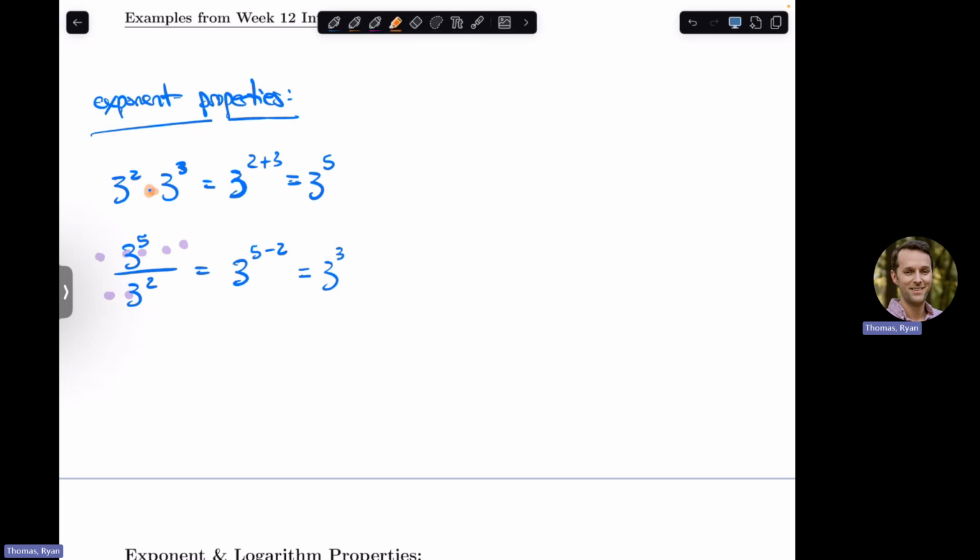So that's what it would end up being. Well, how would that be different? Yeah, 3 squared over 3 to the 5th. You would still subtract, but top minus bottom still.